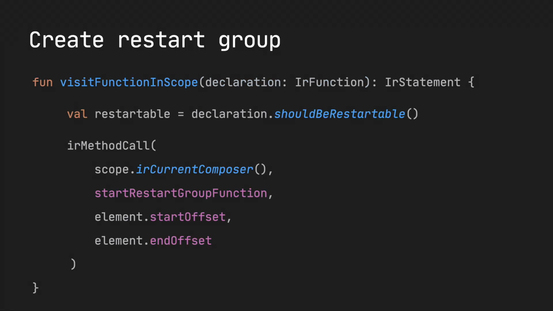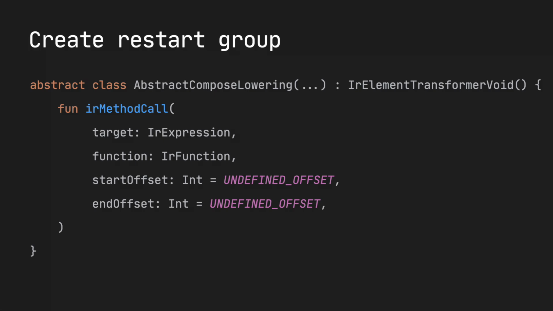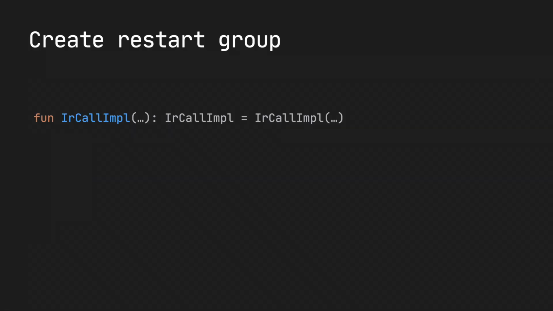So internally, this abstract class has utilities, and underneath the hood, these utilities are actually using builder methods that are defined in the Kotlin compiler. So whenever you want to create a function call with IR, you could use a builder for that called IR call impl.